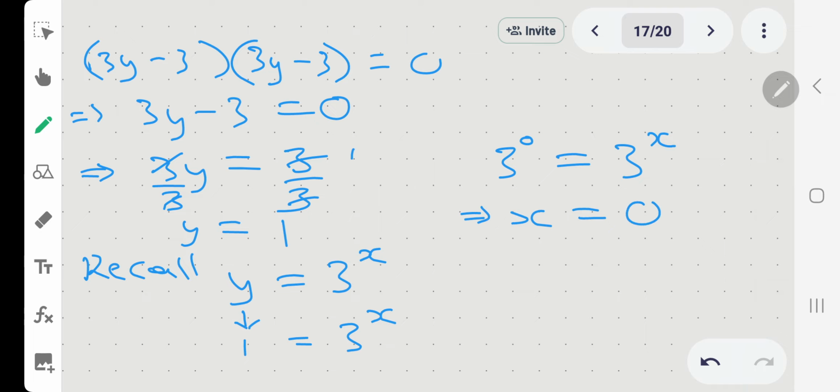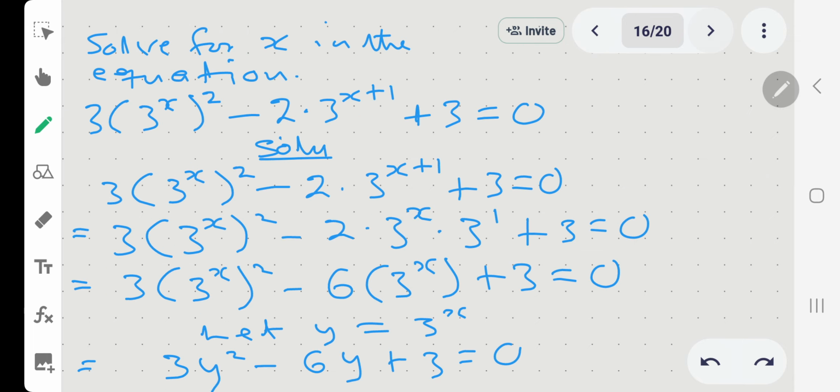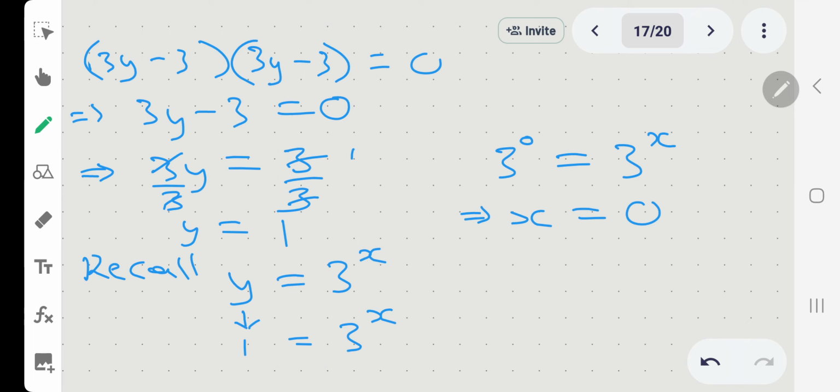Therefore, the value of x that satisfies this equation is 0. Therefore, the value of x is 0. So this is where we can end the solution to this question.